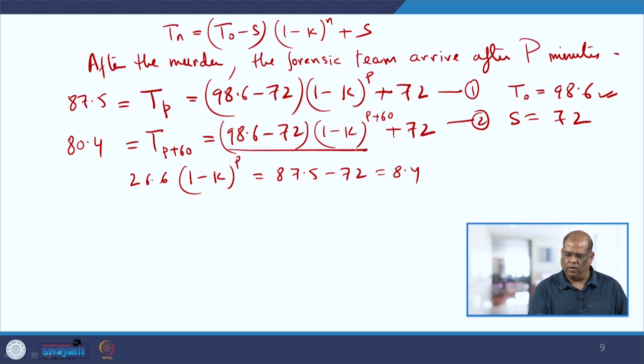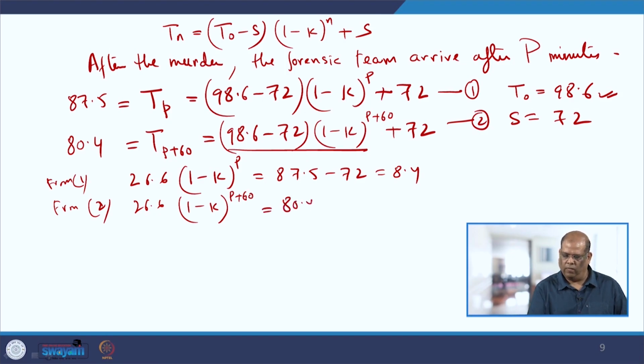And from the second equation you will get 26.6 (1 minus k) to the power p plus 60 is equal to 80.4 minus 72. This is 8.4, sorry, the first one is 15.5.